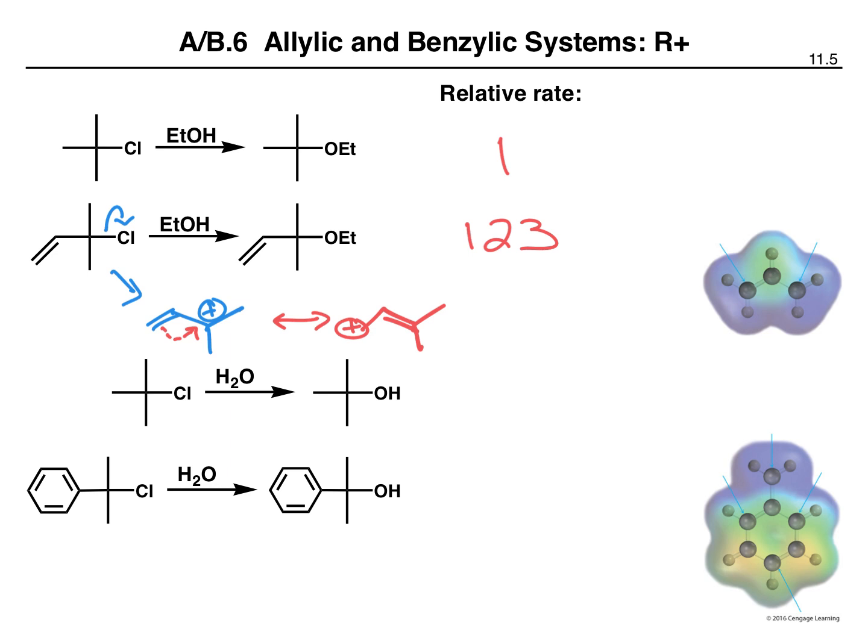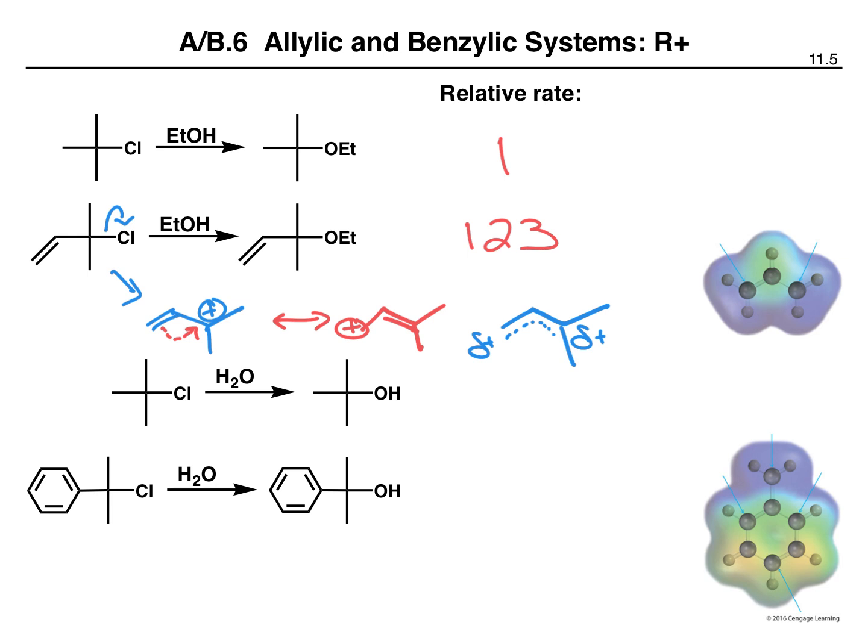So keep in mind when we're talking about resonance structures, neither of these exist. What exists is going to be the resonance hybrid, which is going to look something like this, with a partial positive here and a partial positive here. So because that partial positive is spread out, that helps to stabilize the carbocation intermediate.